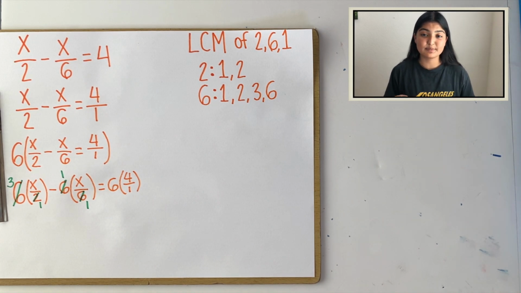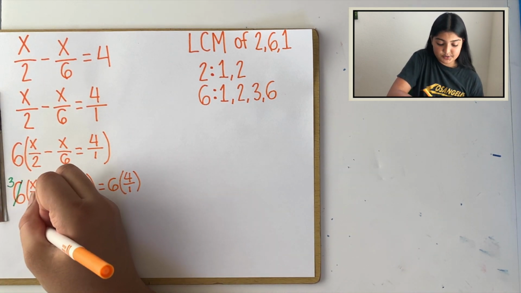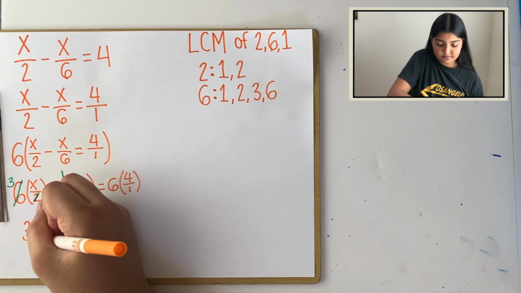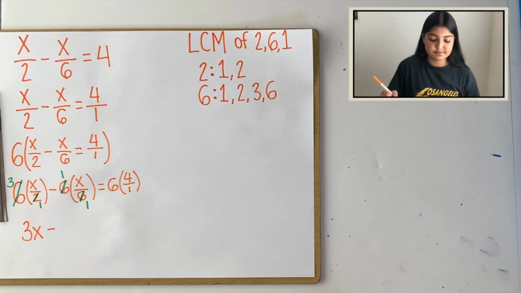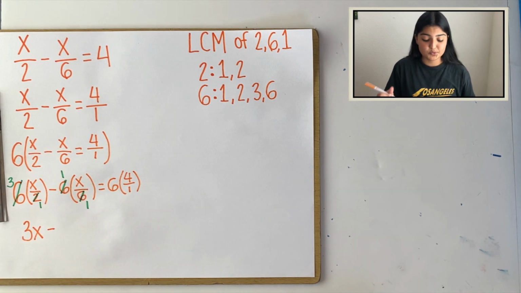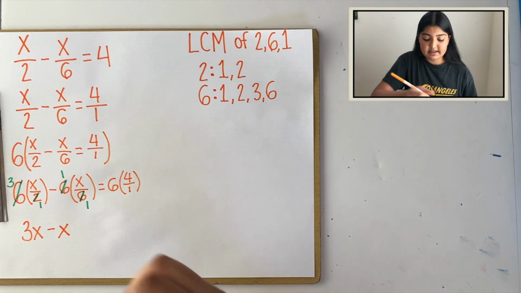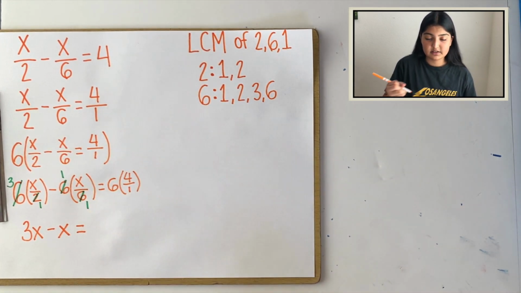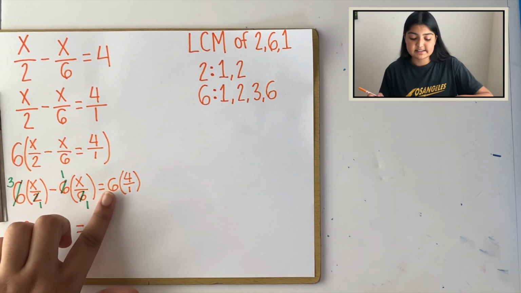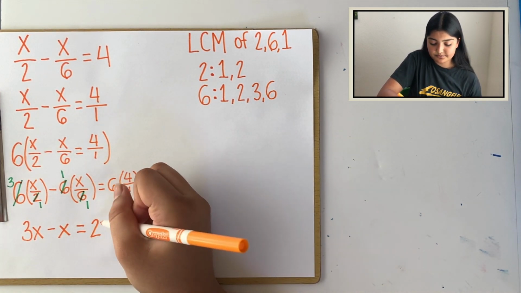Now, let's multiply this out. 3 times x is 3x minus 1 times x, which is 1x, is equal to 6 times 4, which is 24.